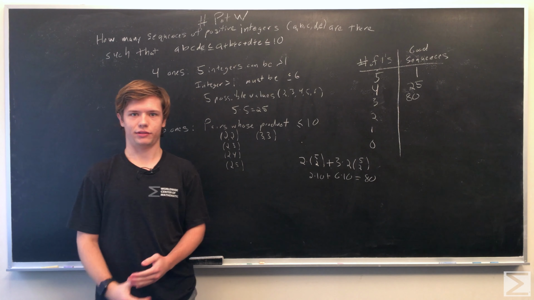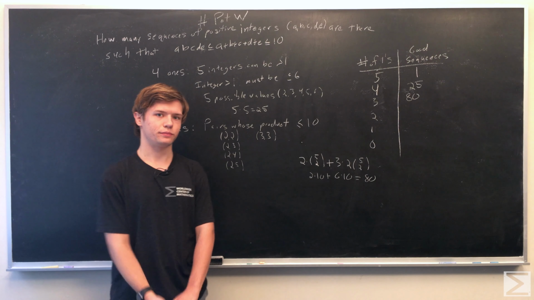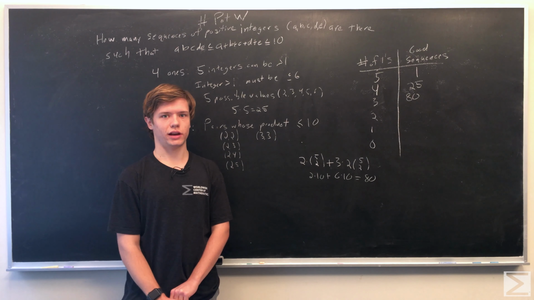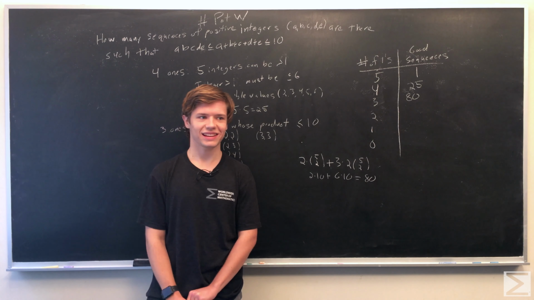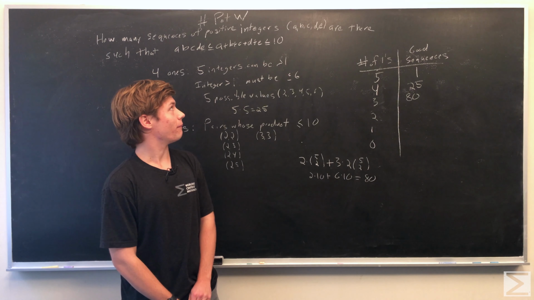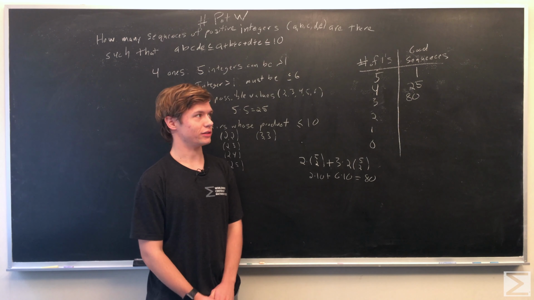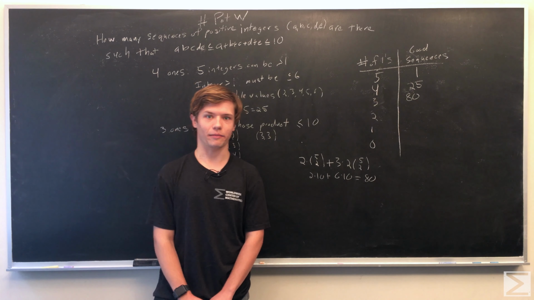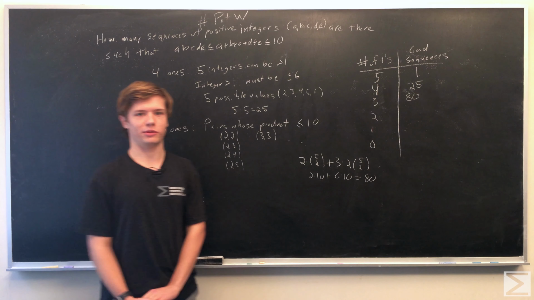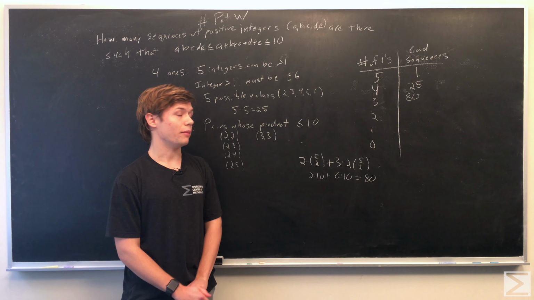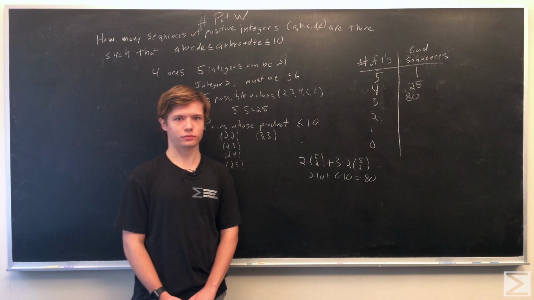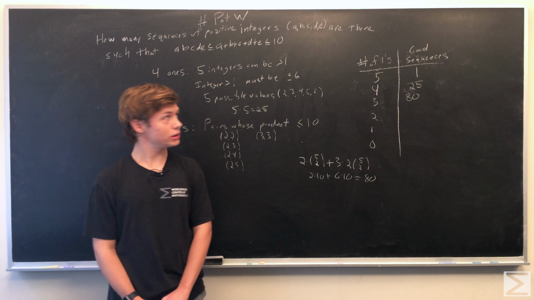And finally, if we have 2 ones, that means there are 3 integers whose value is greater than 1. We have to take into account the fact that we multiply them together and the product must be less than or equal to 10. Given this condition, the only value that the 3 non-1 integers can take is 2.